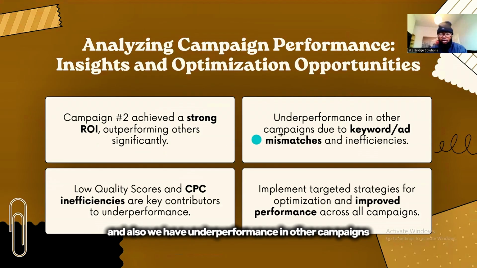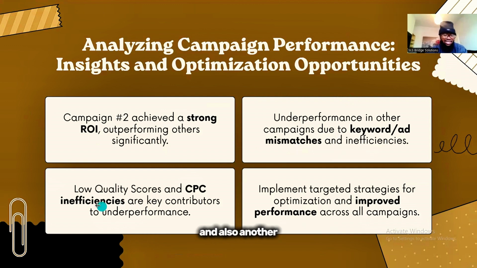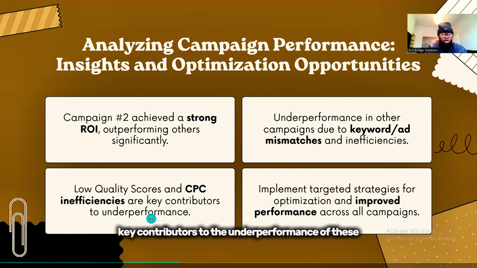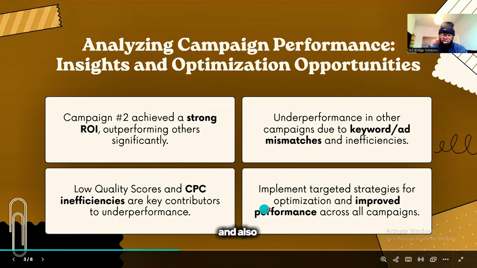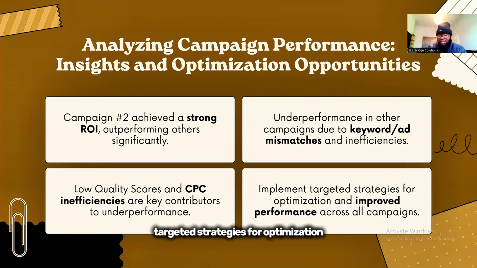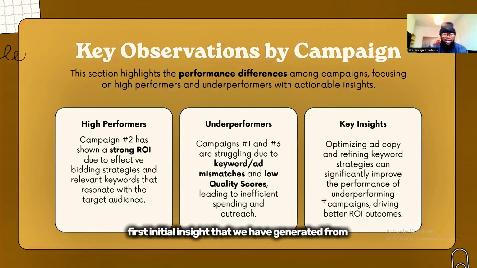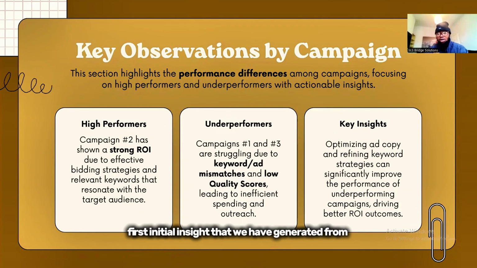We also have underperformance in other campaigns due to keyword and ad mismatches and inefficiencies in the ad campaigns. Another insight from this dashboard is that we have some low quality scores and cost per click inefficiencies that are key contributors to the underperformance of these campaigns. We also need to implement targeted strategies for optimization and improve performance across all these campaigns. Those are the first initial insights we have generated from our campaign.